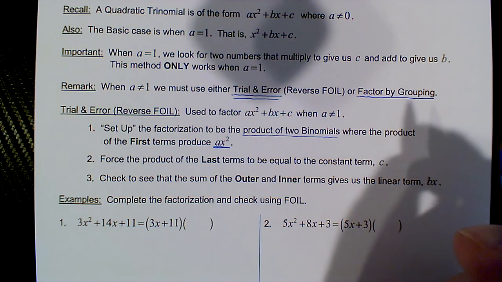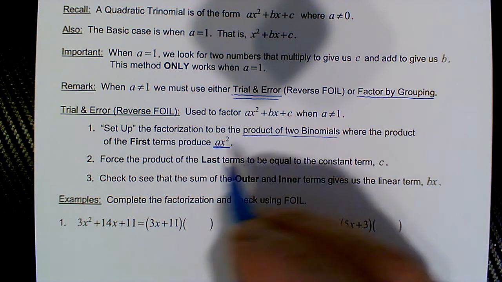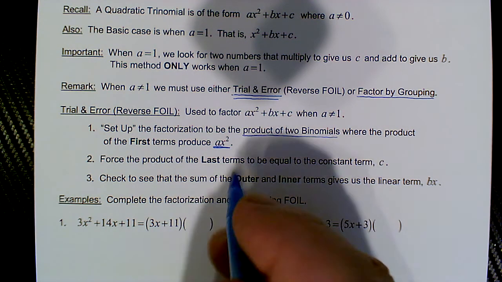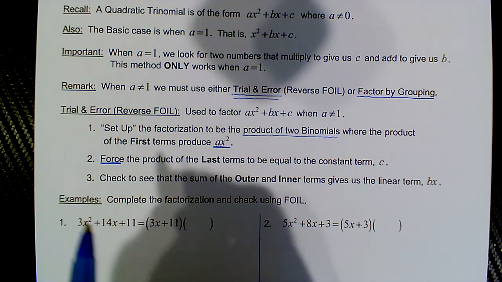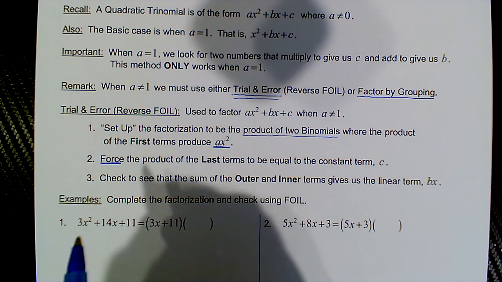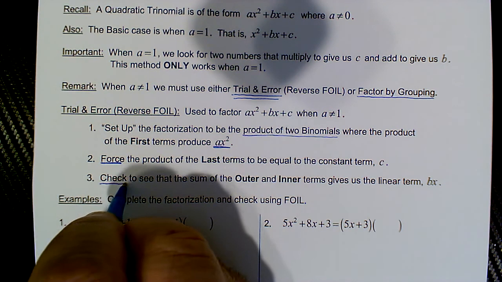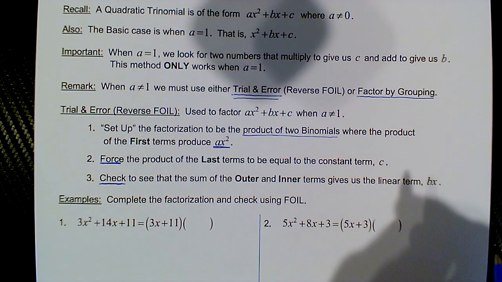And that's what causes the little imbalance, so that the rule for when a equals 1 does not apply. After we set that up, we're going to force the product of the last terms, just as we did using the trial and error method in the last homework. And we're going to check that the outers and inners produce the bx term.